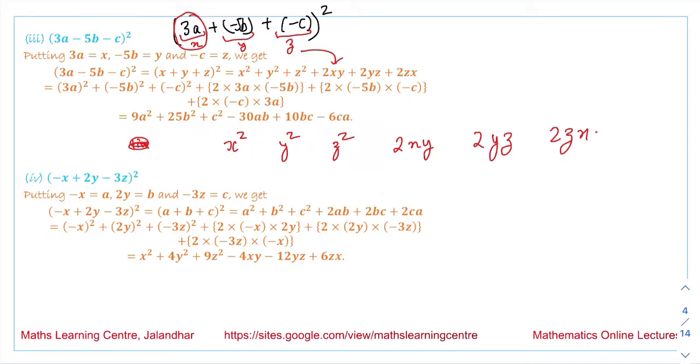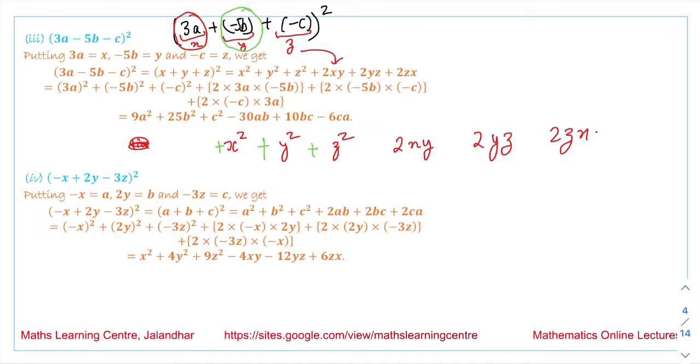When we say x square, that will be positive. When we say y square, even though it is minus 5b, when you square this term, the negative sign will be removed, so the answer will be plus y square. I am talking about the final answer. Then the third term is negative, but it is squared, so it is positive.